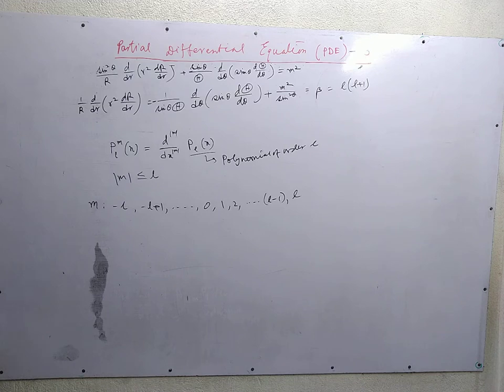When you study the quantum theory of angular momentum, you will see that L is the orbital angular quantum number, the quantum number that was introduced in Bohr's theory.